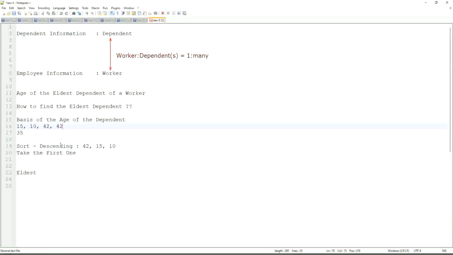Okay. But in this case, even if you have more numbers like 42, 43, 75, 82, and so on, if one worker has so many dependents with these ages, will our logic be absolutely bulletproof?